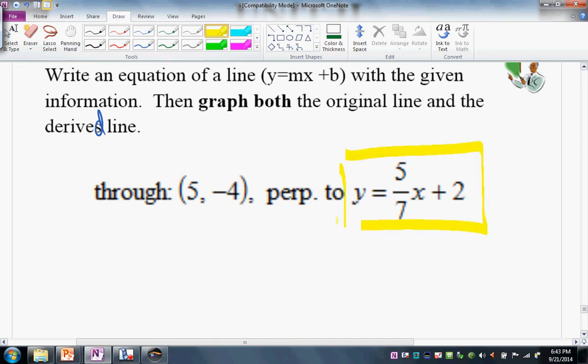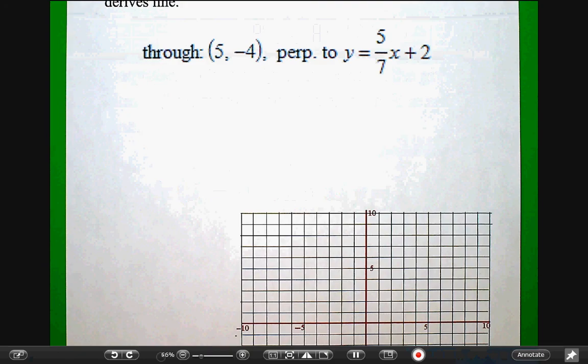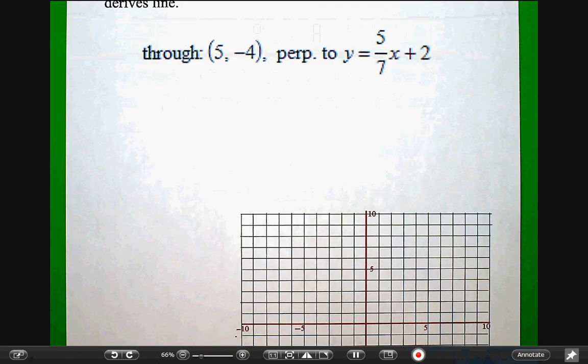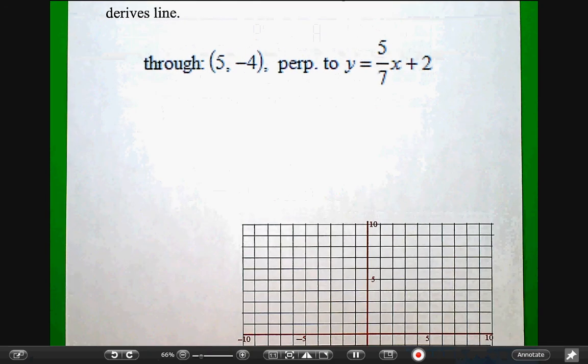This is our given line. And we want another line that goes through this XY point and is perpendicular. We're going to do this one over here by hand because I think it's easier to see what's going on.